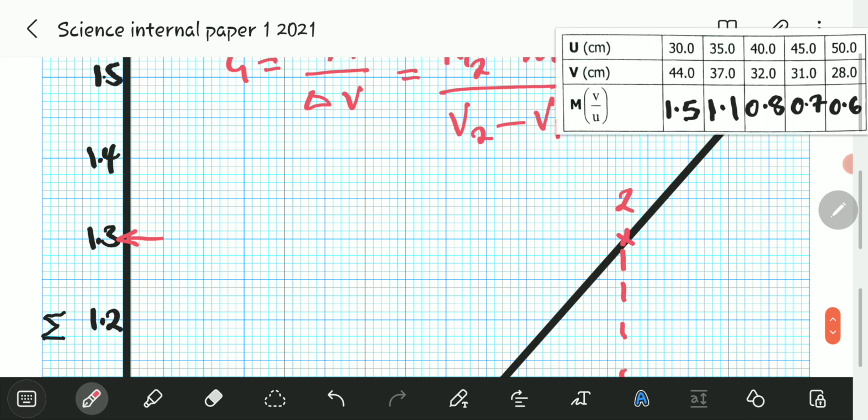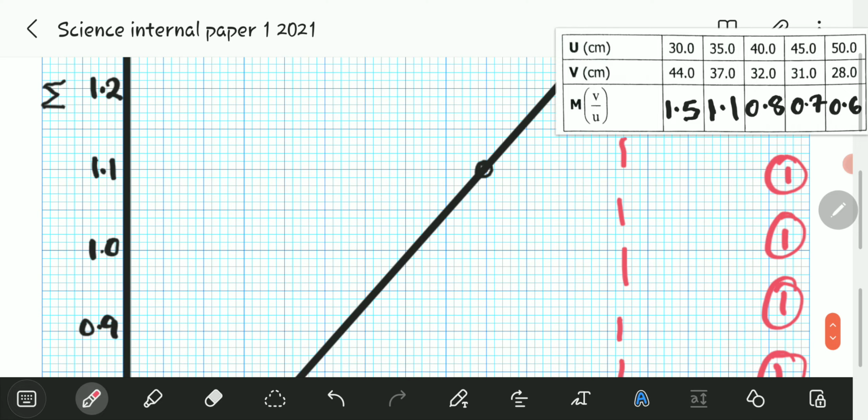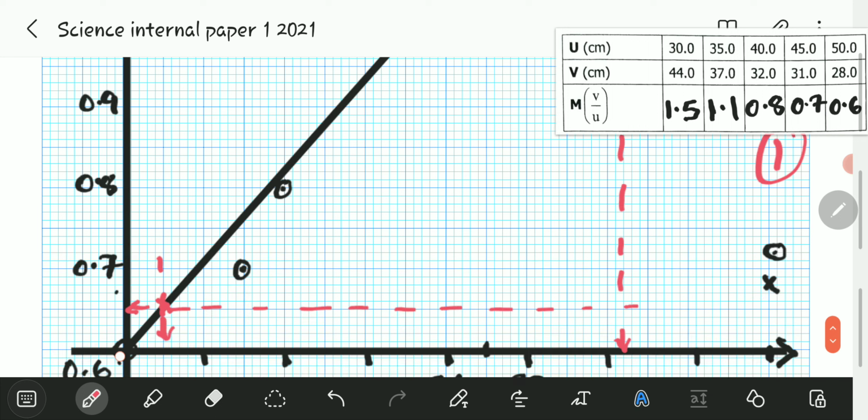What is the value of m2? The value of m2 is 1.3. So g is equal to 1.3 minus m1. m1 is here. From 0.6, after 2 centimeters, we've got 0.7, so this point will be 0.65.